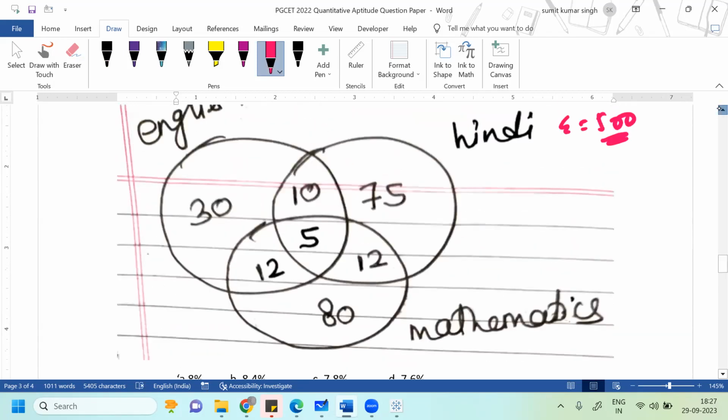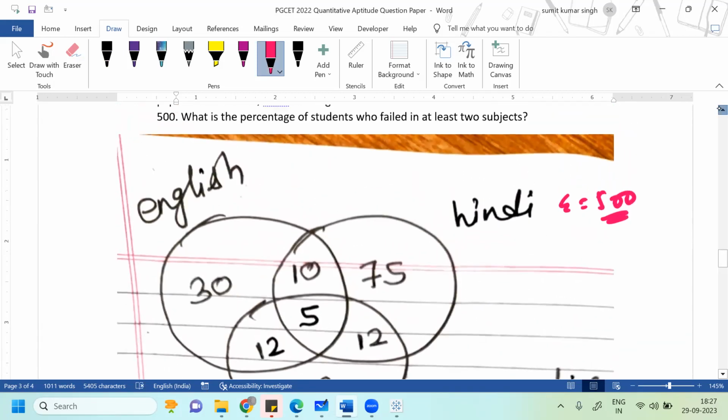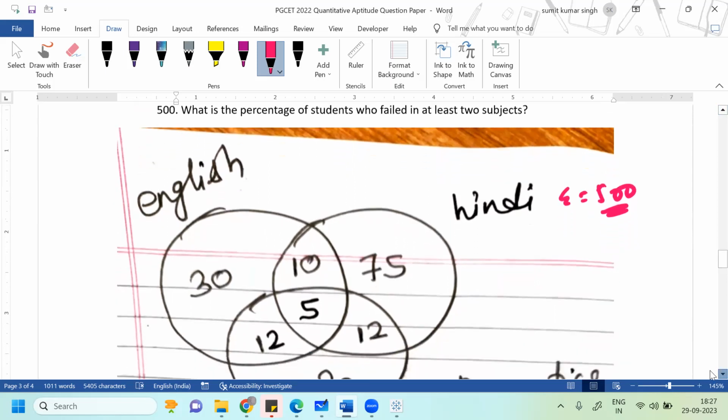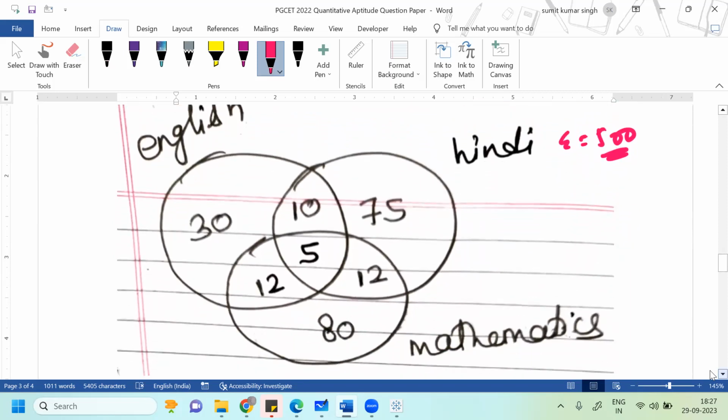Let me again read this. Total is 500 students. The data shows the number of students who failed in the exam, and they're talking about at least two. At least two means don't consider this data. These are only English 30, only failed in Hindi 75, only failed in maths 80.